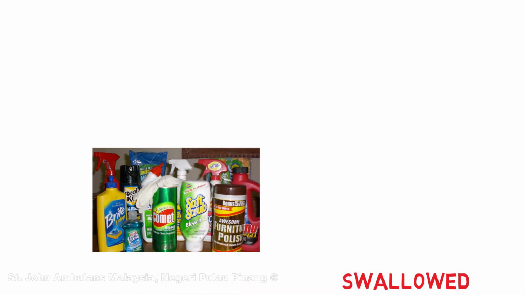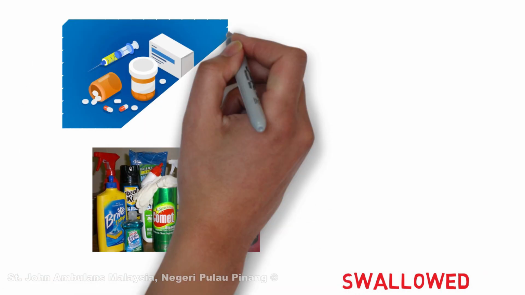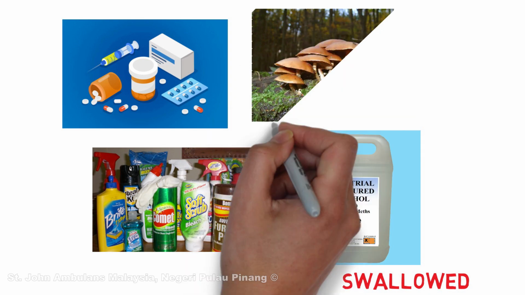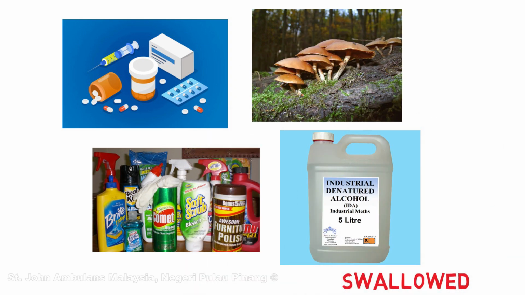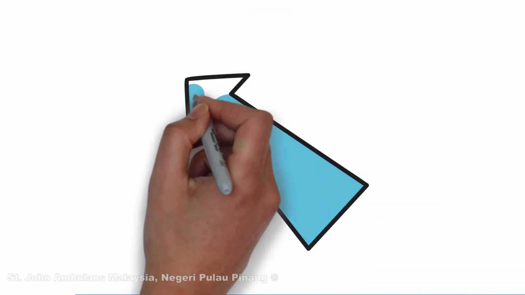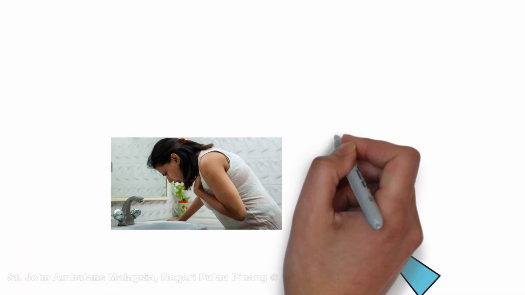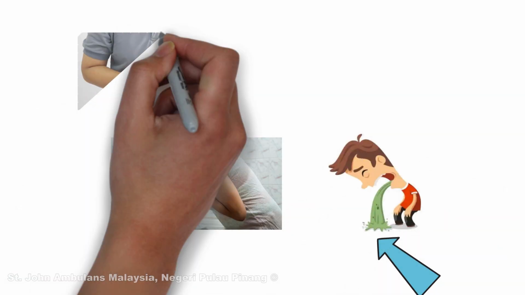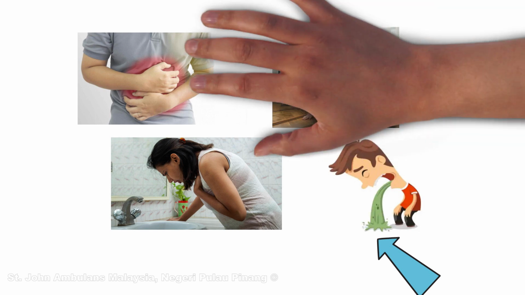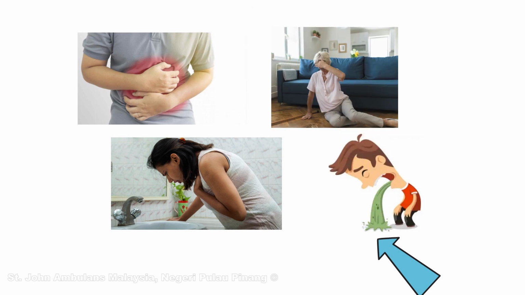Swallowed poison can include chemicals, drugs, alcohol, and plants.